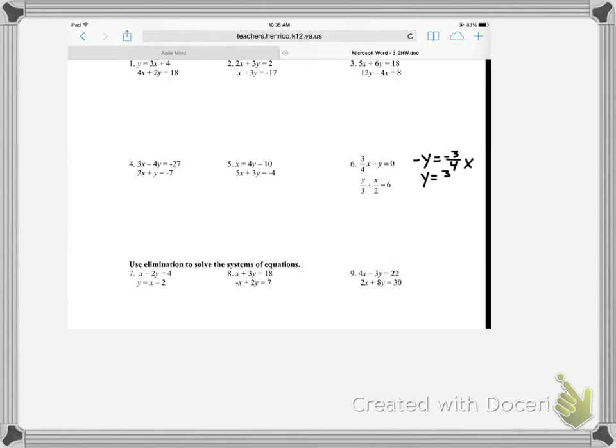Positive 3/4 x. So we know what y is, so we're going to plug that into the second equation. If I plug it into this one, I'm going to have 3/4 x over 3 plus x over 2 equals 6.